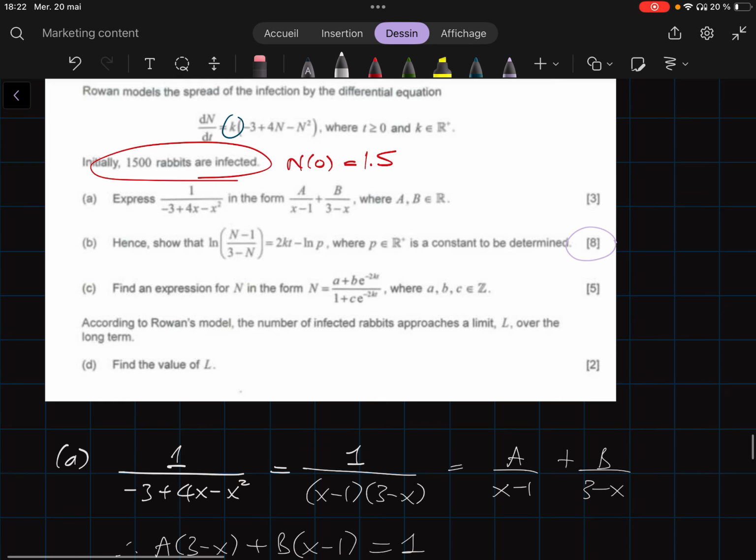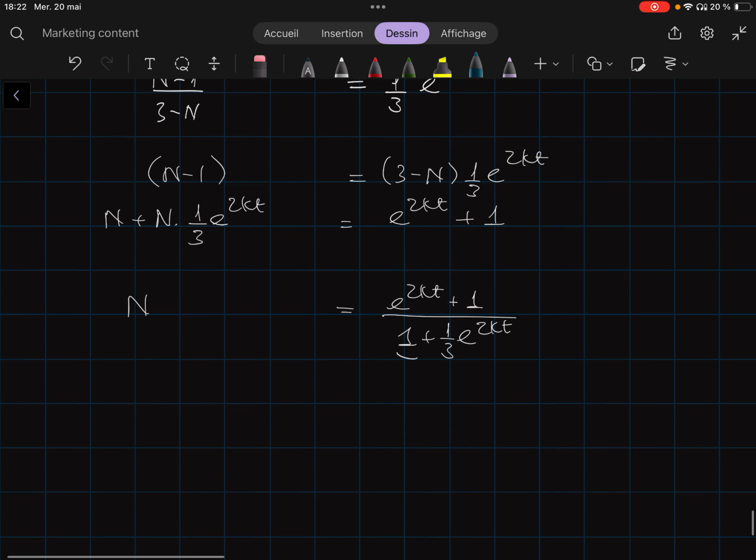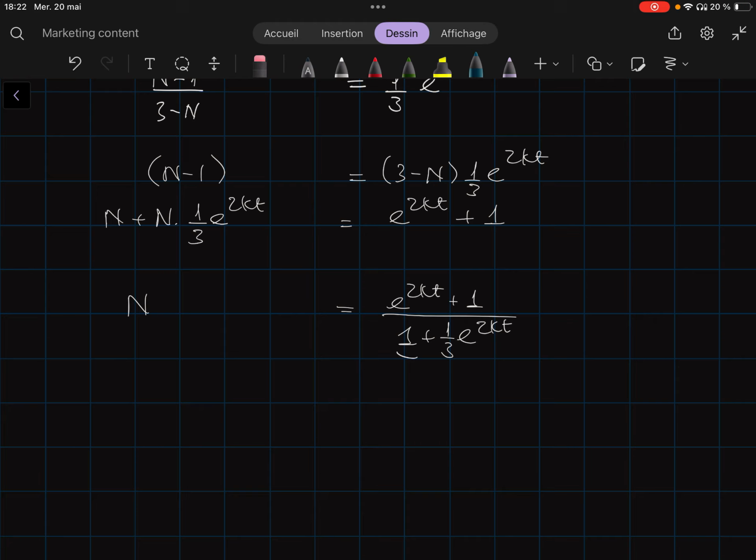Wait, hold up. Okay, look at the power again. We have power negative 2kt. So I suspect what they want us to do is multiplying both the top and bottom by e to the negative 2kt. The first term is going to be 1.